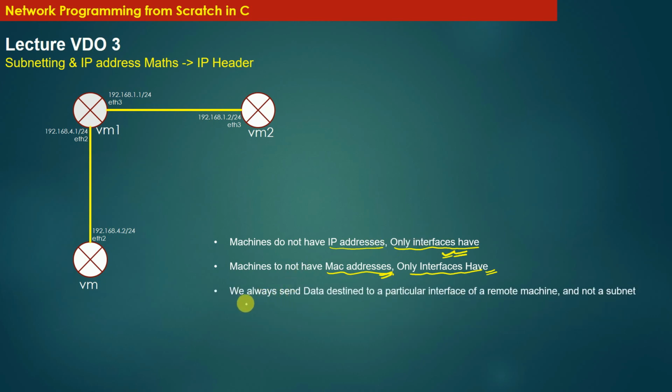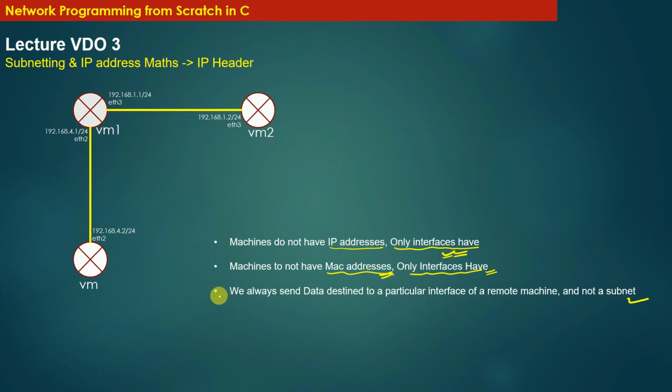Right? So we always send data destined to a particular interface of a remote machine. We do not send data to a subnet. This example is similar to writing a letter to your friend. You will specify the exact address of your friend's house. You will not specify just the town where your friend lives.